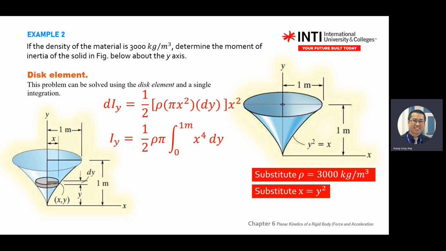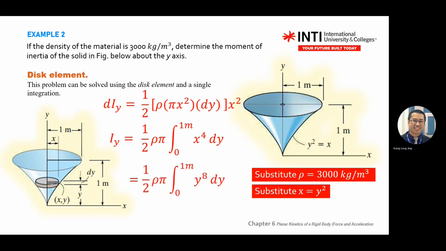Your x is from 0 to 1. So you get y power 8 because your x is y square, correct. So we can do the calculation. The answer will be 500 something.